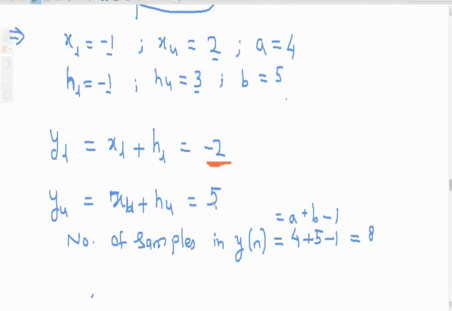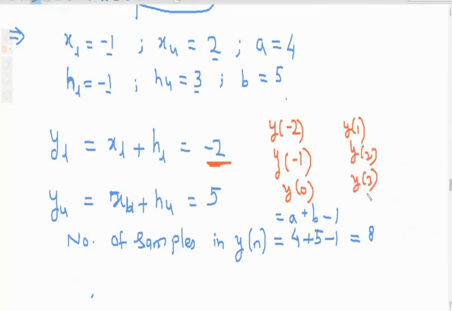And upper limit is 5. So now we will go in the increasing direction. First value we will get in the table is y of minus 2, then y of minus 1, then y of 0, y of 1, y of 2, y of 3, y of 4 and y of 5. Like this we will get all the values.